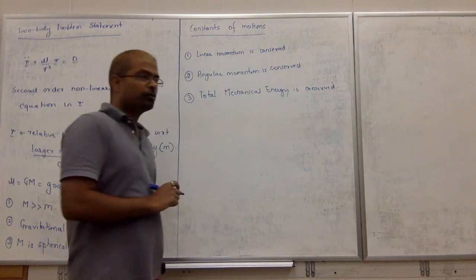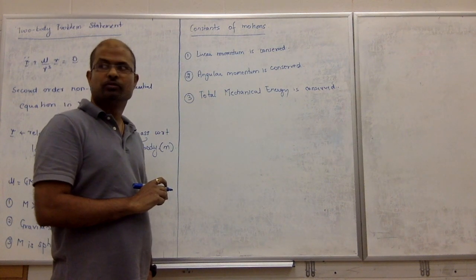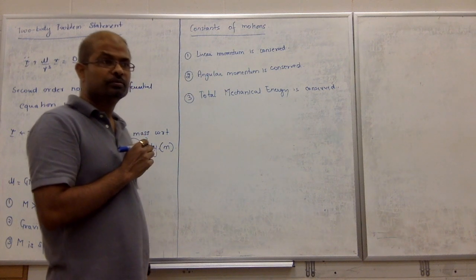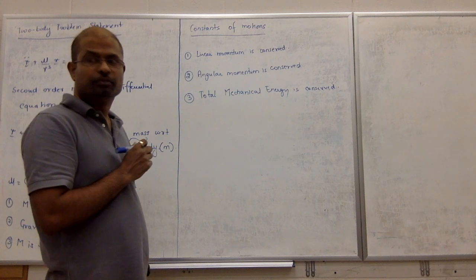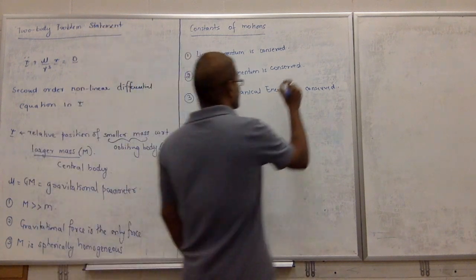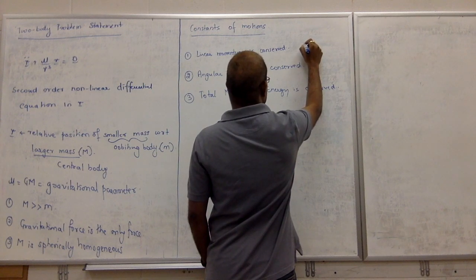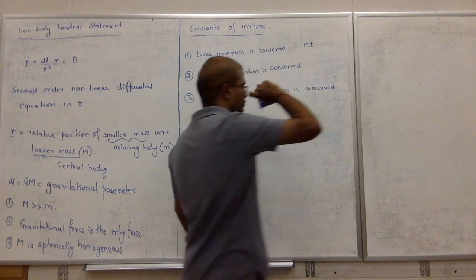How do you define linear momentum? Anybody? Mass times velocity. We have m r dot. Does that make sense?